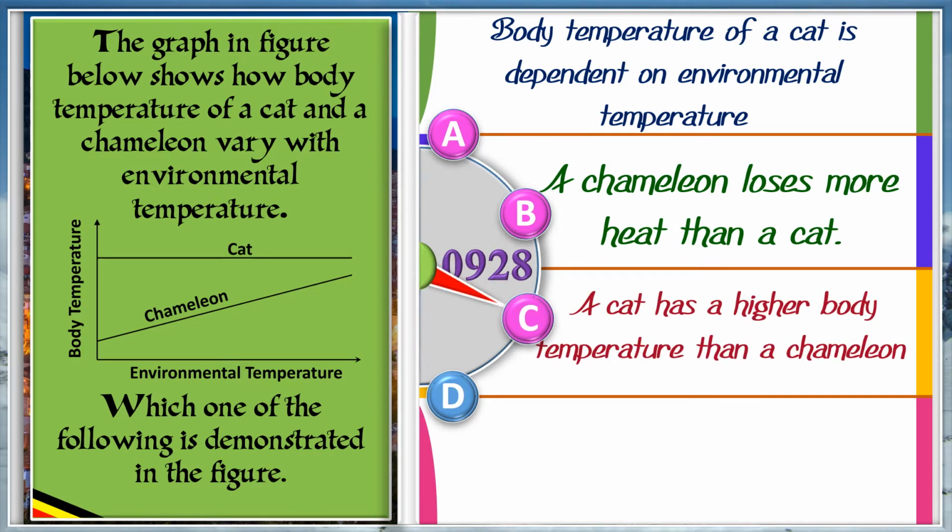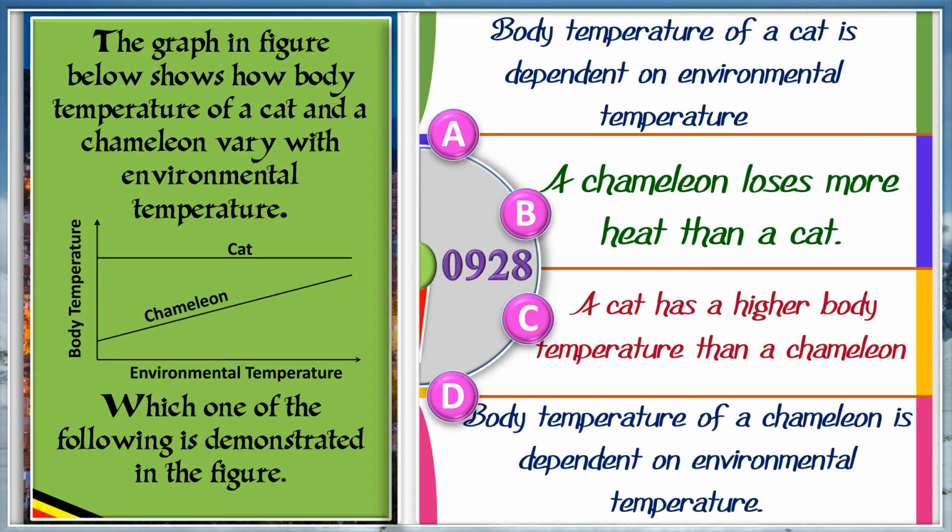C. A cat has a higher body temperature than a chameleon. D. Body temperature of a chameleon is dependent on environmental temperature. And the answer is D. Body temperature of a chameleon is dependent on environmental temperature.